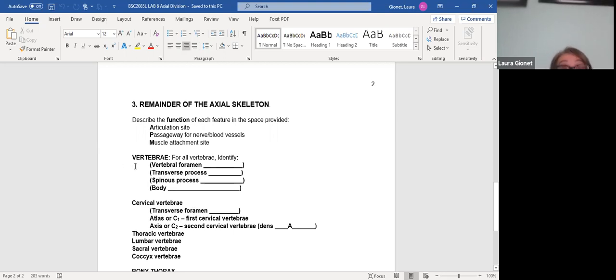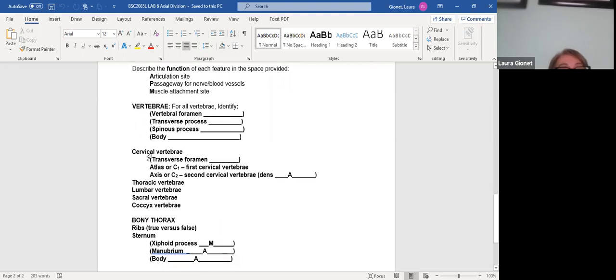All right, so for the majority of these, regardless of whether they are in the thoracic or lumbar area or the lower cervical spine, we'll identify vertebral foramen, transverse processes, spinous processes, and bodies. So we have 3 regions of the spine, or the vertebral column. We have the cervical region, which is the top 7 vertebrae.